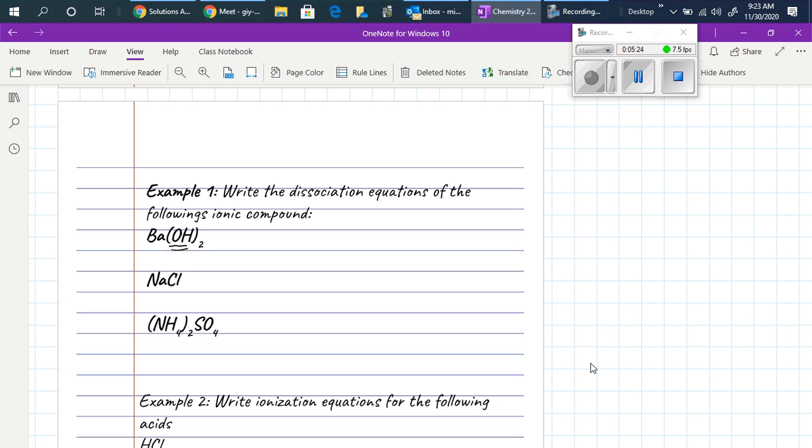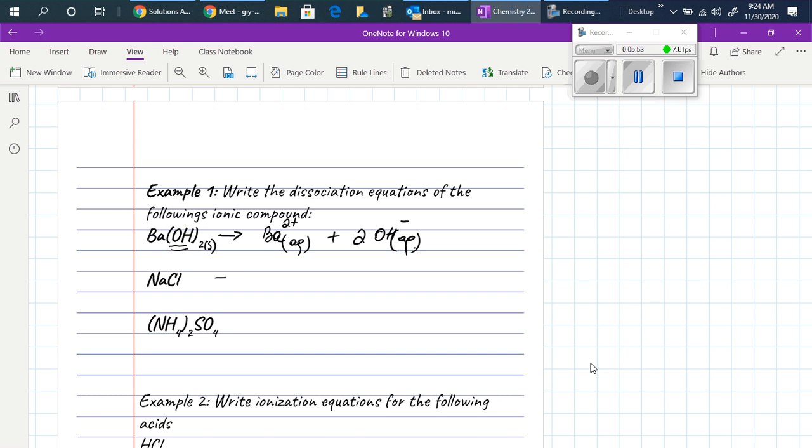The dissociation equation, when this is solid and we are putting it into an aqueous solution, will give Ba2+, a barium ion in aqueous solution, and 2OH- again in aqueous solution.